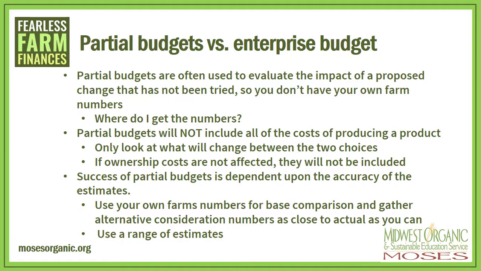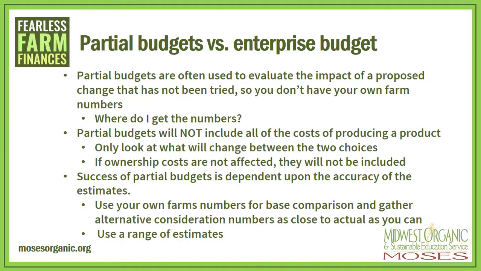Partial budgets will not include all the costs of producing a product. You'll only look at what change is going to happen. So what is the change between your two choices? And look at those numbers. If ownership costs are not affected, they actually will not even be included.